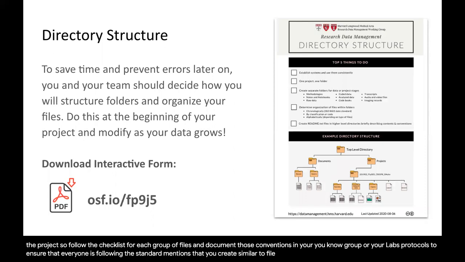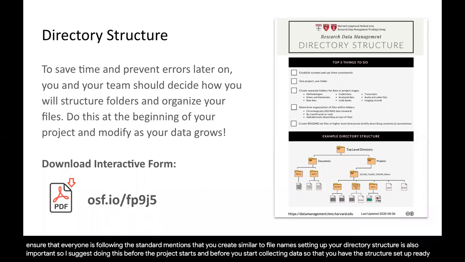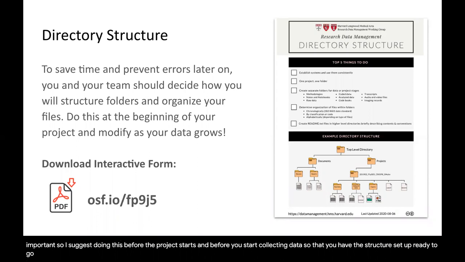Similar to file names, setting up your directory structure is also important. I suggest doing this before the project starts and before you start collecting data so that you have the structure set up, ready to go. Save your data in the correct place as you're working and creating it, and then modify the structure as your data grows and you refine your workflows.